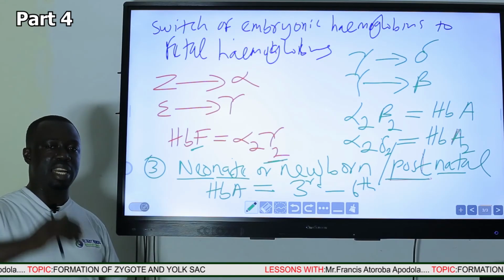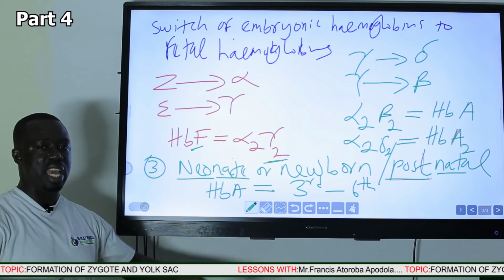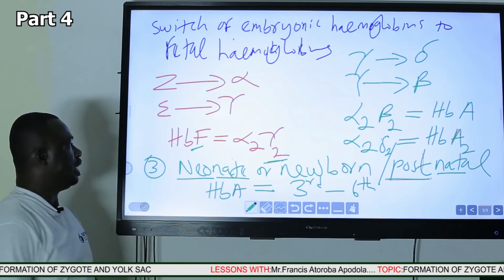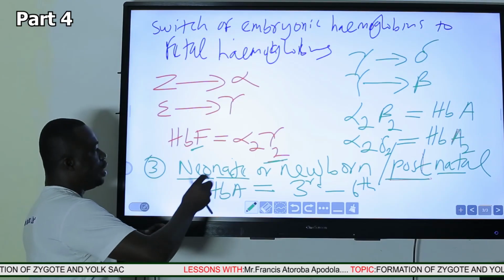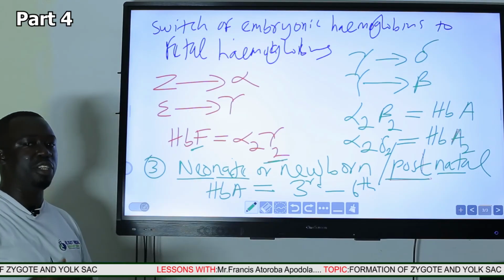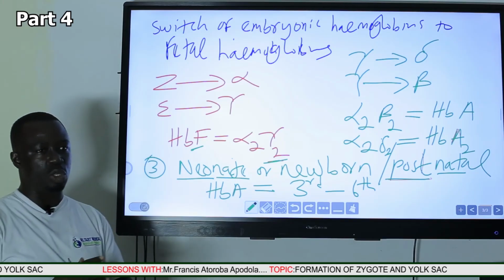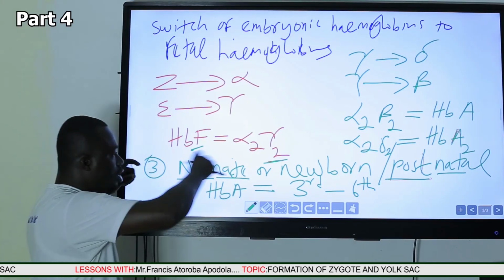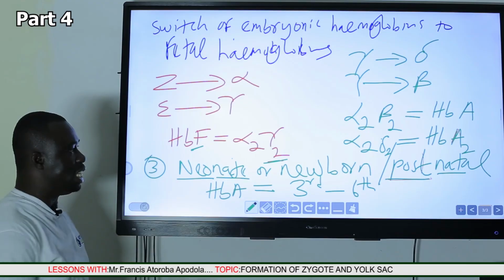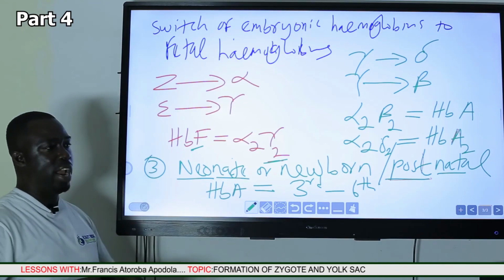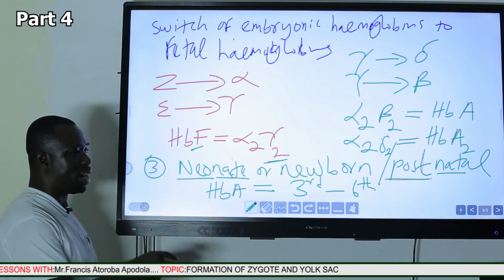In other words, there is hypoxia in the intrauterine. And therefore, we need a hemoglobin that has a higher affinity for oxygen to bind to the oxygen and hold fast onto it, so that oxygen can always be available in the environment where the fetus or the embryo is.